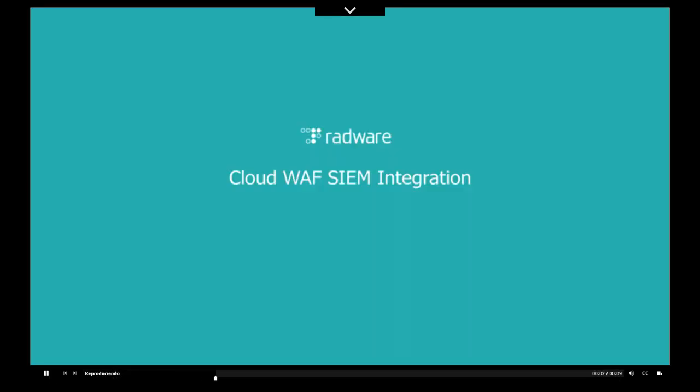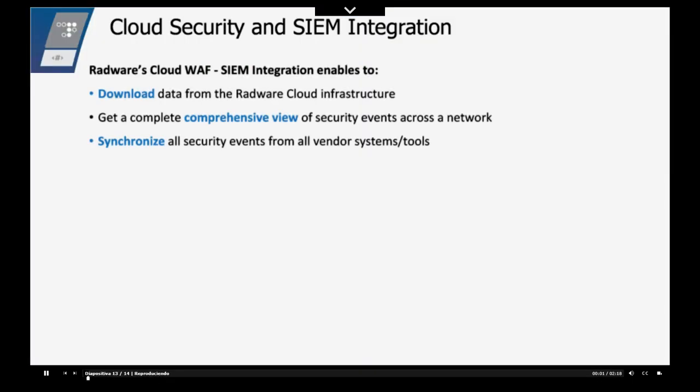How does Radware WAF integrate with existing customer security information and event management systems? Radware Cloud Services continuously collect detailed security logs to track security events and activities related to a customer's protected applications and networks, and send all events' raw data to the customer SIEM system.